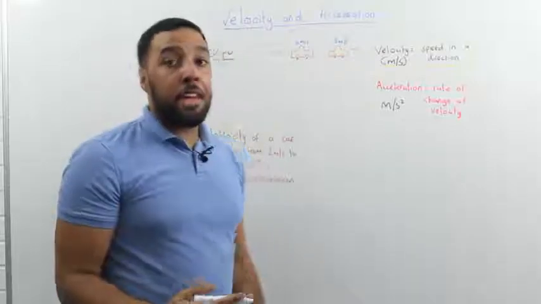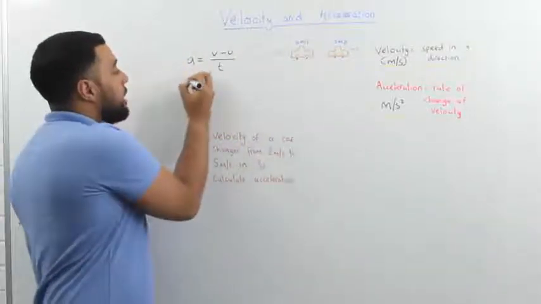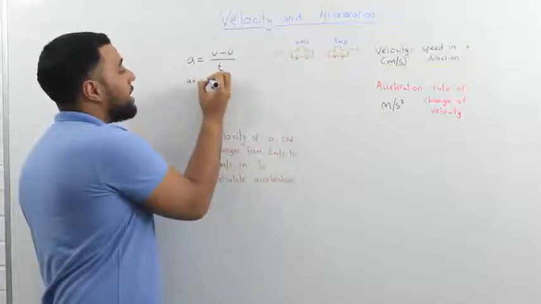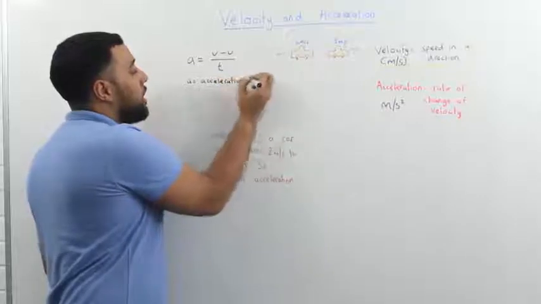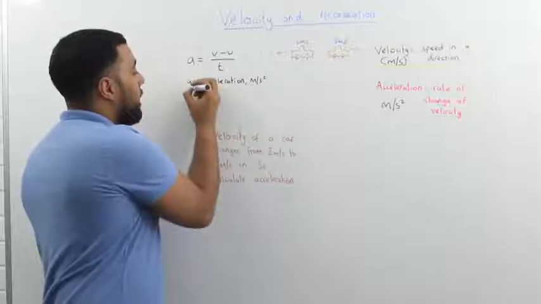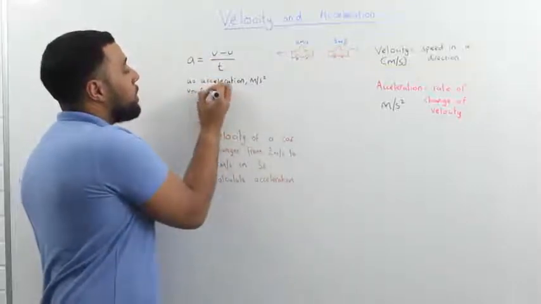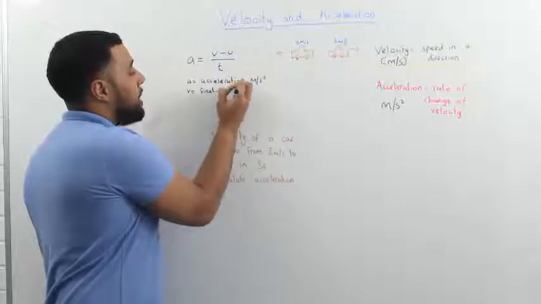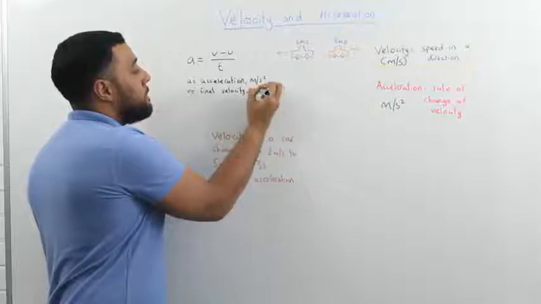Now, from the offset, it looks quite challenging. A just means acceleration, and that's measured in meters per second squared. V is the final velocity, and that's measured in meters per second.